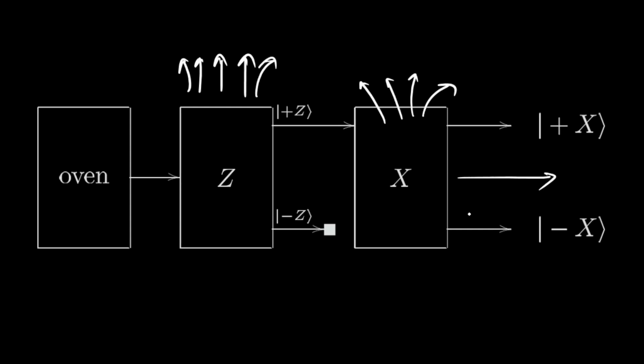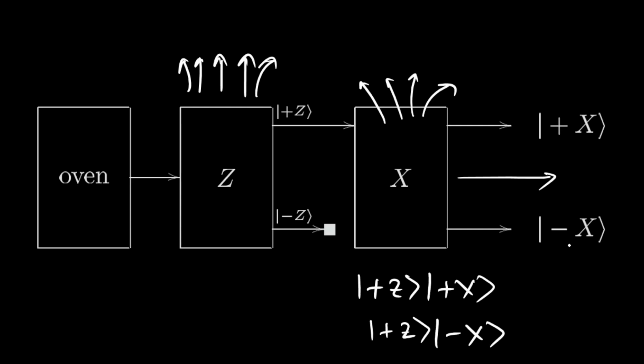However, experimentally, it is observed that there are two peaks of equal intensity, which we'll name plus x state and minus x state. So, the atoms passing through the second apparatus can be described as being in a state we might write as plus z plus x for this beam and plus z minus x for this beam, to indicate the two values of spin.